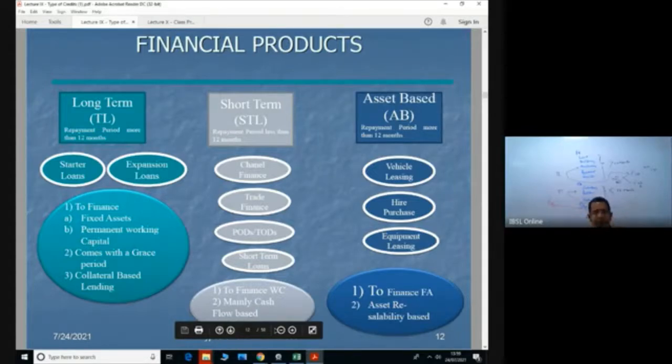We give a grace period where the customer does not have to repay the capital, only the interest needs to be serviced. When you borrow from a bank, from the day we give out money, you have to repay interest, because our bread and butter is money.